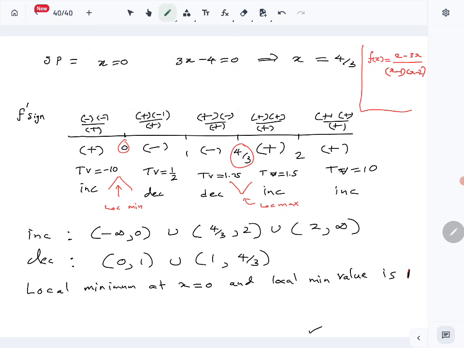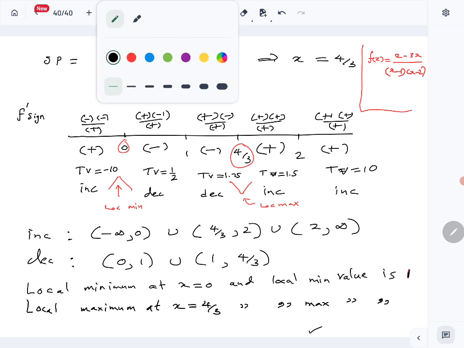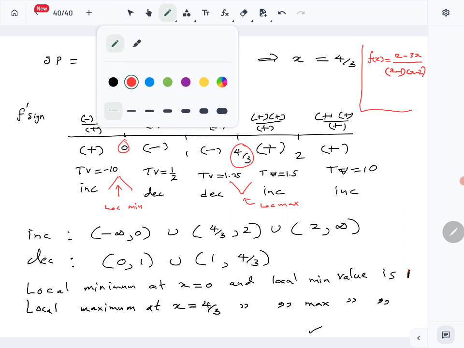Right, that is done. Then local maximum at x equals 4 over 3, and local max value is what? We need to find that. Max value is, I need to substitute 4 over 3 here.